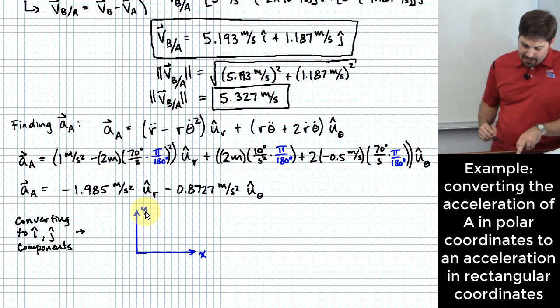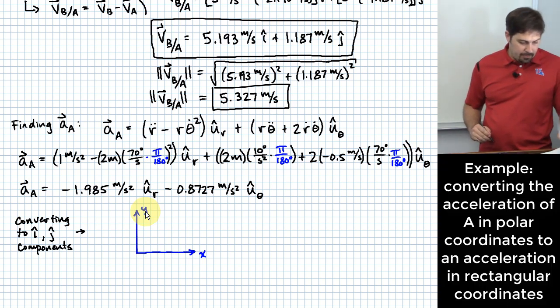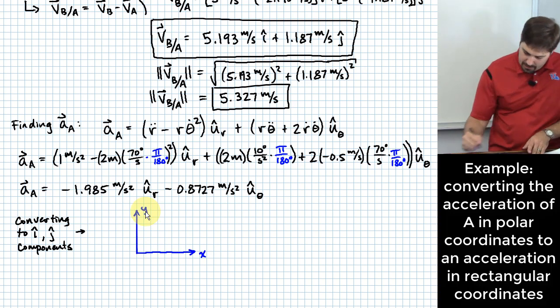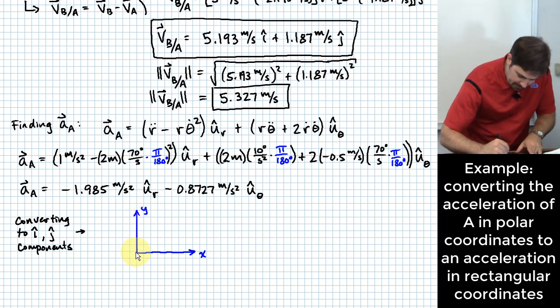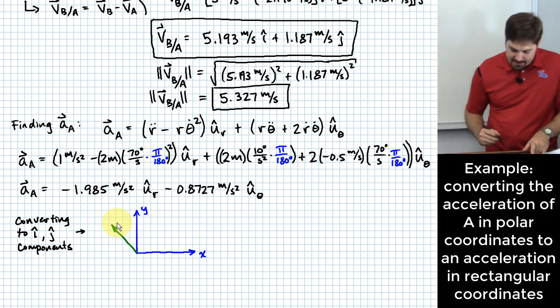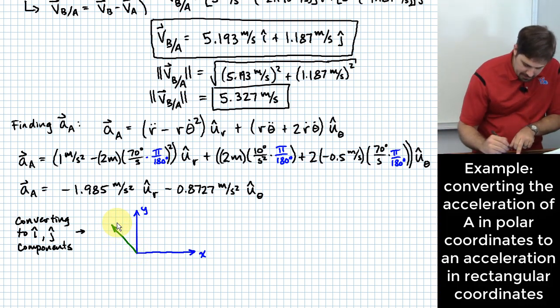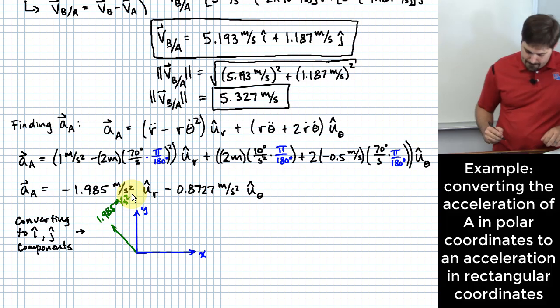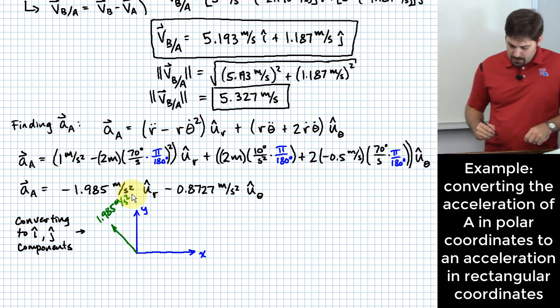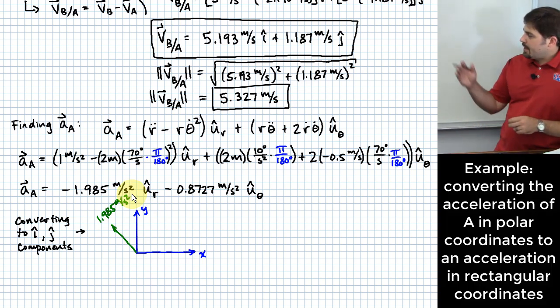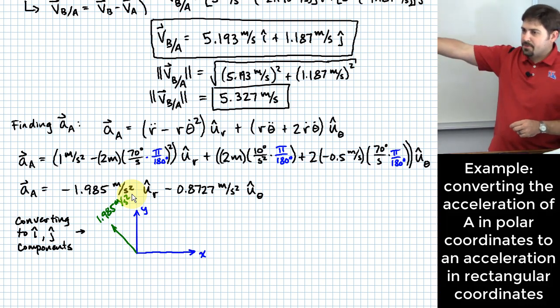Radially, again, I have a negative value there, which means that that value is again pointing basically the same way as the 0.5 was last time, and the value there is 1.985 meter per second squared. Remember, clockwise is positive, and now I have a negative value given here.